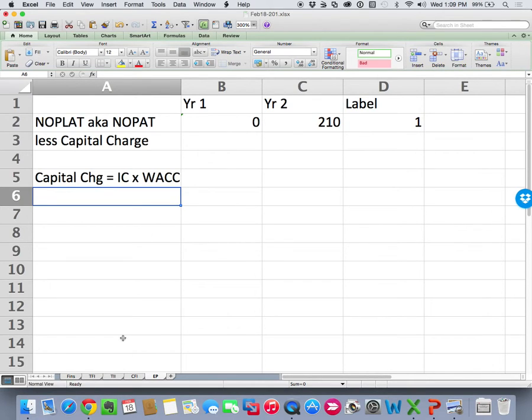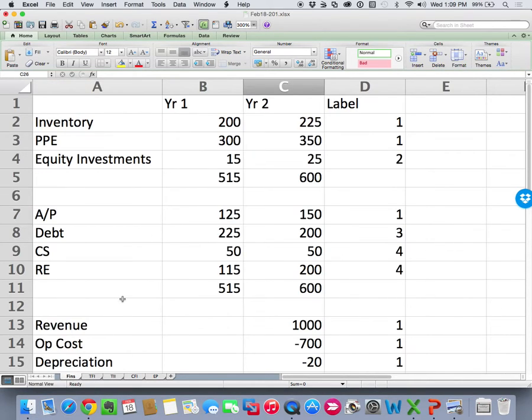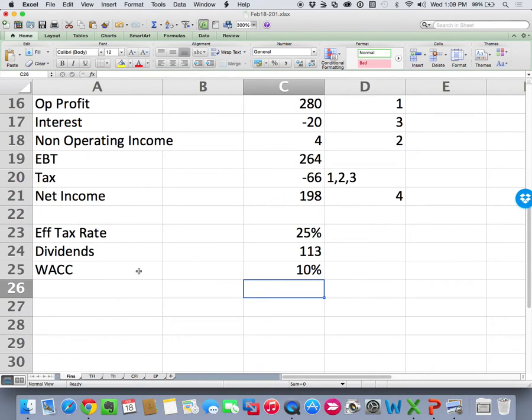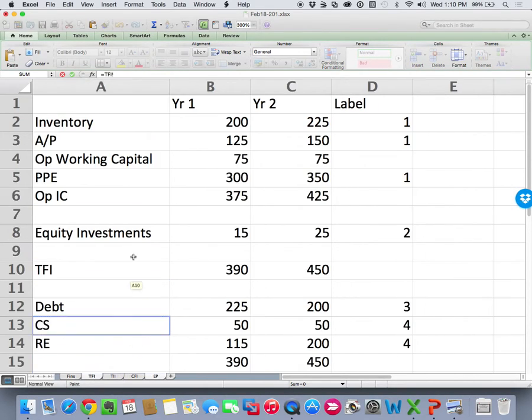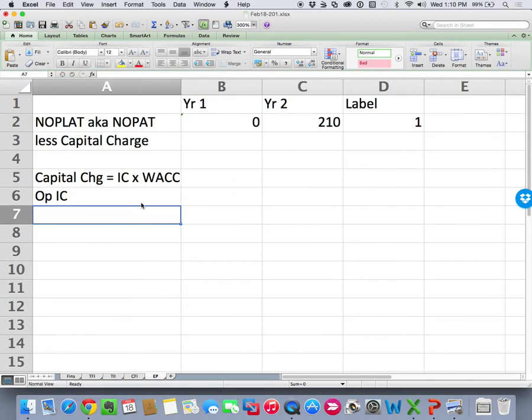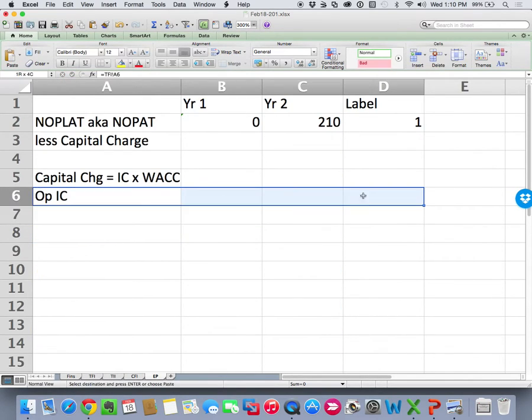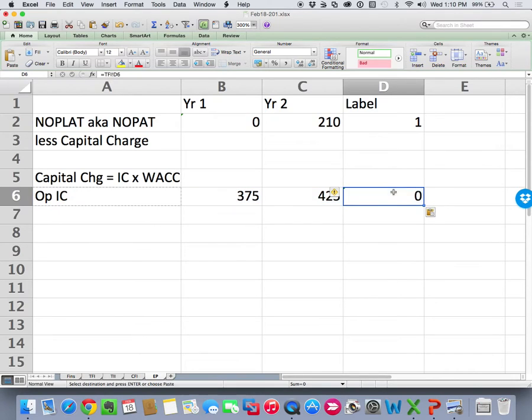So here's the idea. An assumption that I will give you is I'll give you a cost of capital for the company. And for this company, I just chose 10%. Just keep the math simple. All right? It'll be a different number on your exam. But basically, let's say it's 10%. So here's the idea. How much invested capital, operating invested capital, do I have in the business each year?